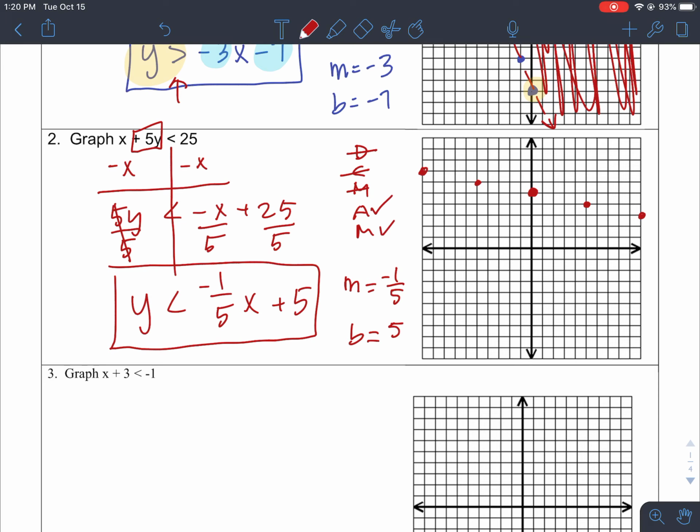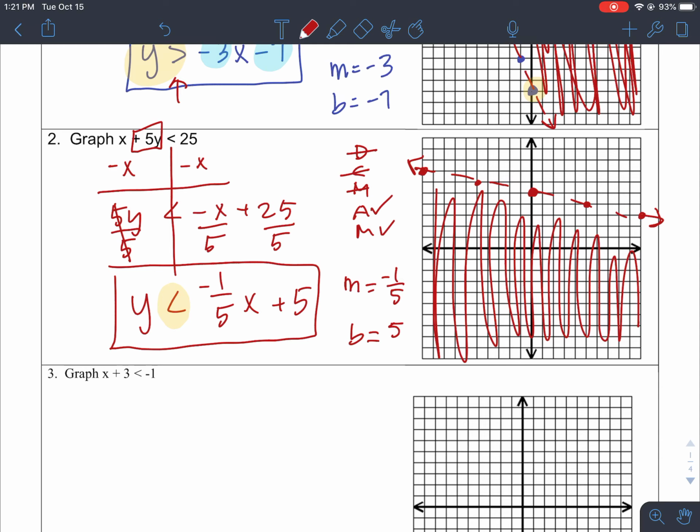Looking at my inequality, this is just less than, so it's going to be a dashed line. And y is less than negative 1/5 x plus 5, so less than, I'm shading below. Greater than, you're going to shade above your line, less than, you'll shade below your line.